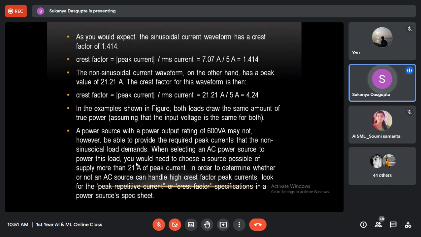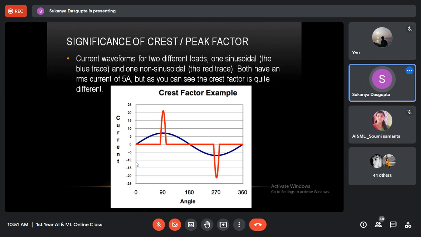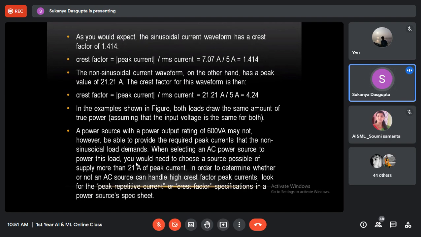For the second case, for the non-sinusoidal waveform, the peak is around 20 or 21.21. They have taken 21.21 here. So crest factor will be calculated as 21.21 divided by the RMS current, that is 5 ampere. So it's 4.24.